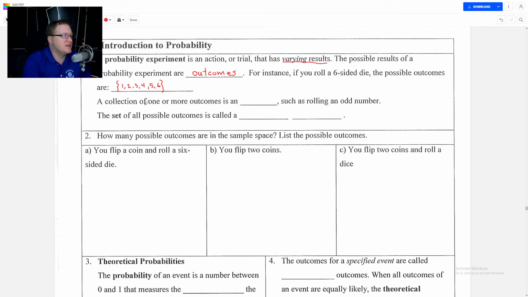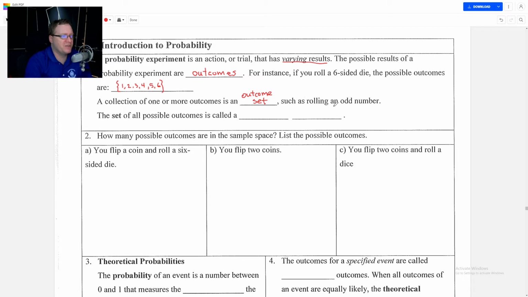Now, a collection of one or more outcomes is an outcome set. We're going to call it an outcome set. So if we group a bunch of different possible outcomes together, that would be called an outcome set.